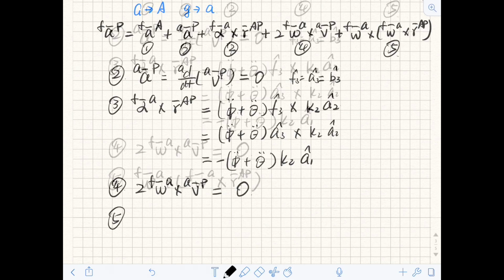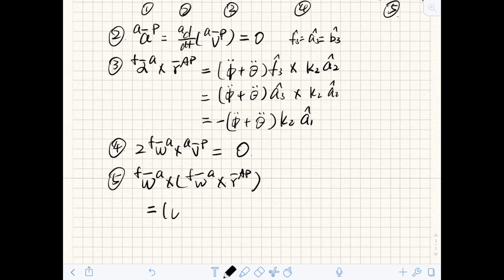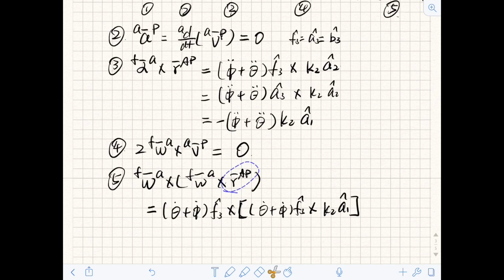Now term 5, we know the angular velocity of A in F is theta dot plus phi dot in the F3 direction, cross theta dot plus phi dot F3, cross K2 A1, which is the position vector from A to P. Again, to make the cross product easier, we can replace F3 with A3.